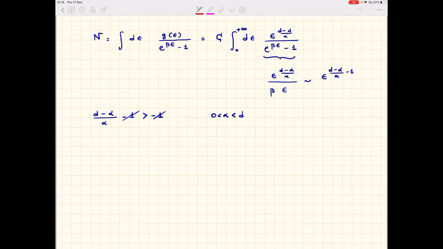Well, look at what is written here. The integrand goes like epsilon to the power d minus alpha over alpha minus 1, right? Yes. So if this thing is smaller than 0, then it means that the exponent is smaller than -1. But if the exponent is smaller than -1, the integral is not convergent.